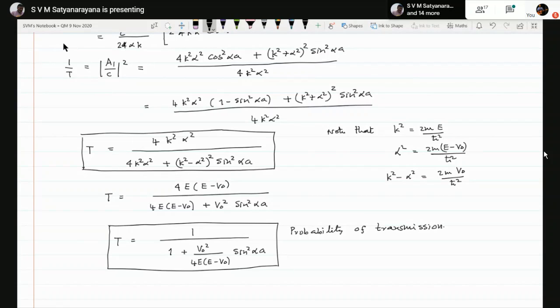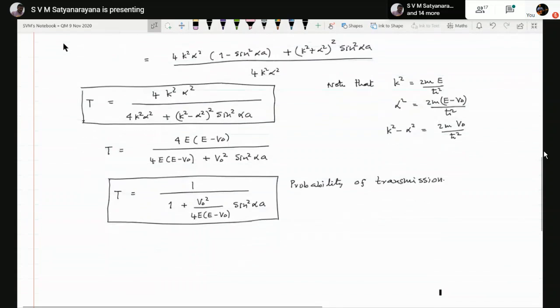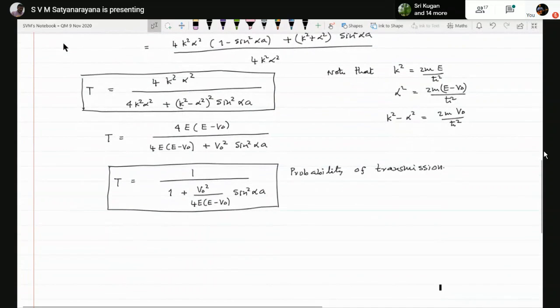Now notice two things here. Sine square of any quantity will vary between 0 and 1. So suppose sine square alpha a is equal to 1, then the transmission probability is minimum, because this denominator is maximum and the transmission coefficient is minimum.